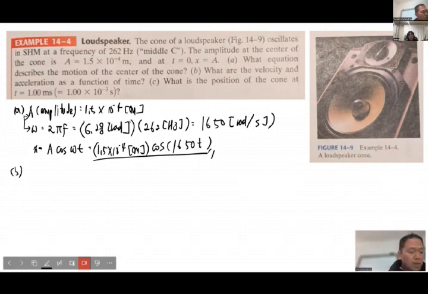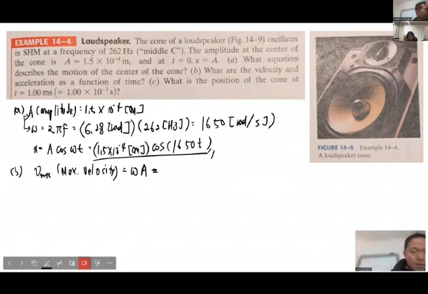Number B. Now we want to estimate the velocity and acceleration as function of time. I already explained how to derive the formula of velocity and acceleration from the displacement of simple harmonic oscillator. So the maximum velocity equals omega A. That is the formula I derived last session.